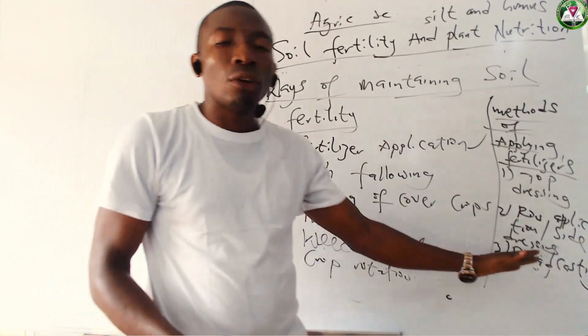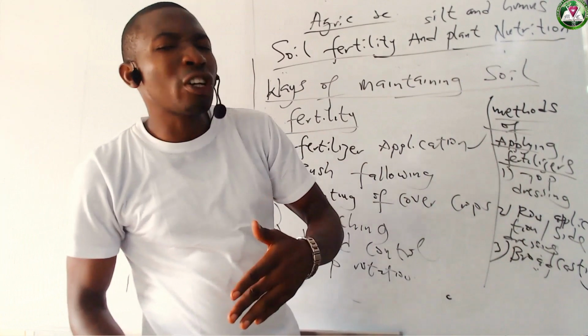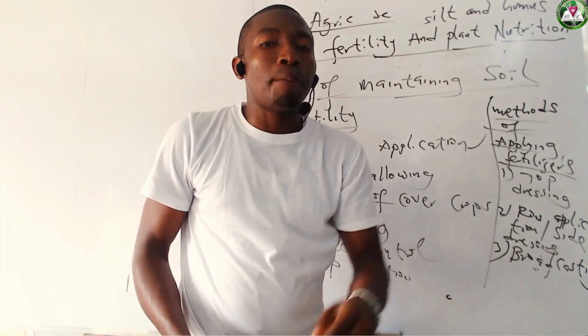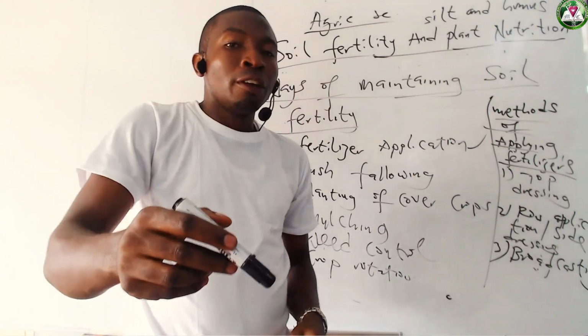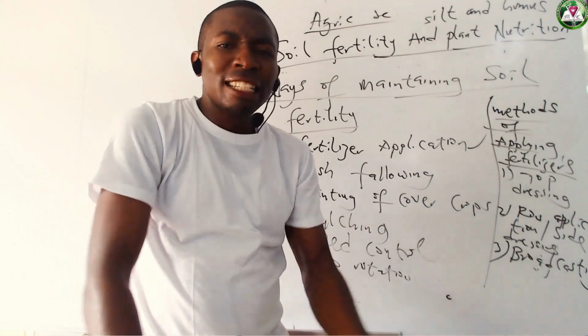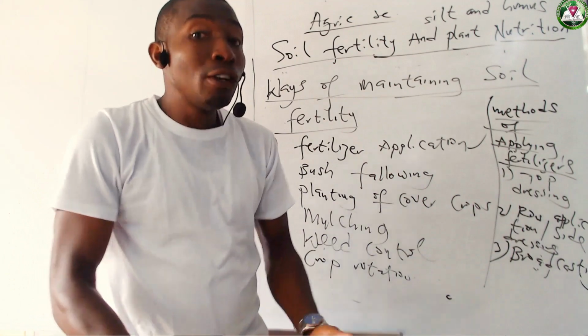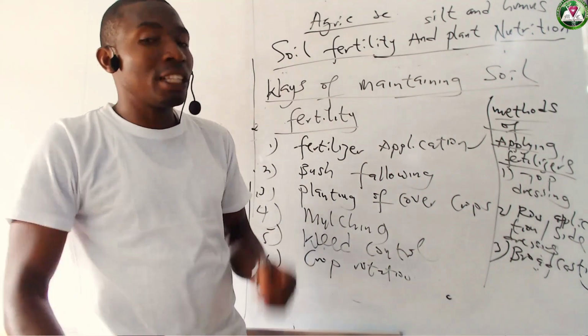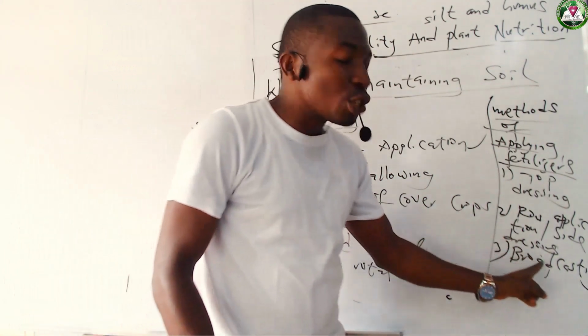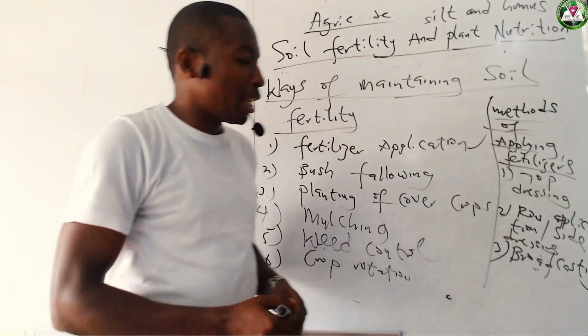Broadcasting is one of the best methods of fertilizer application, because during plowing, the fertilizers will be incorporated thoroughly and evenly into the soil before planting takes place.